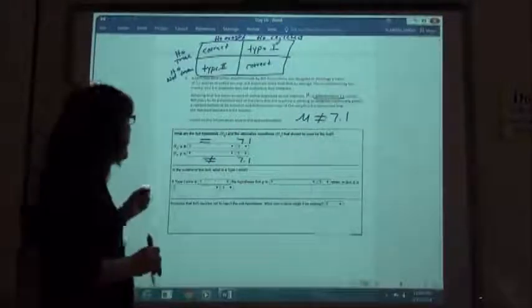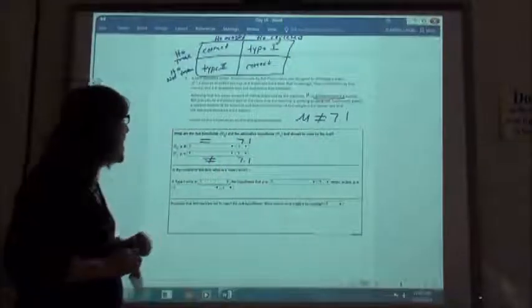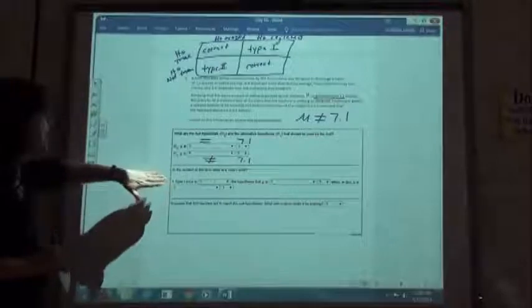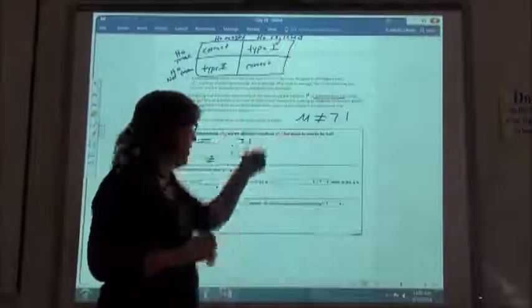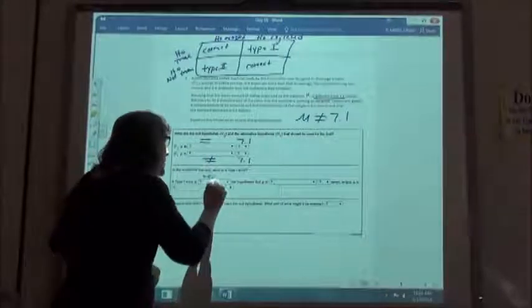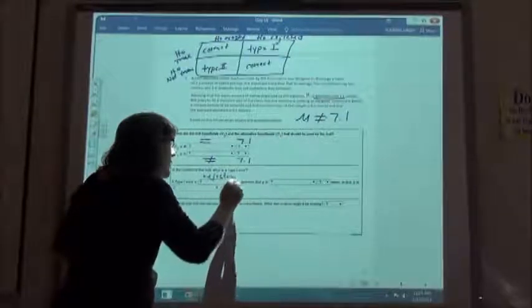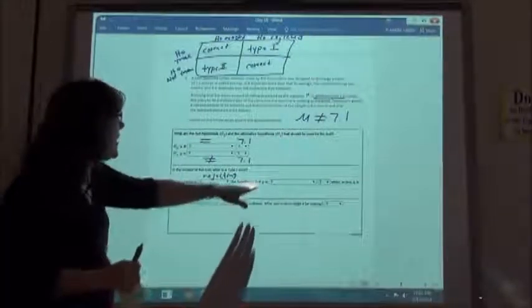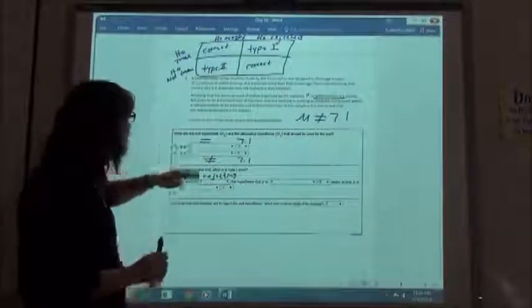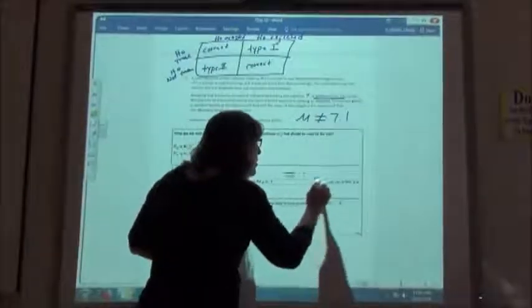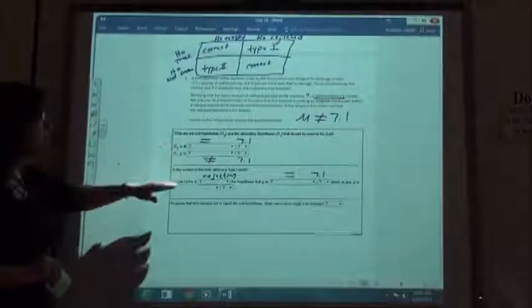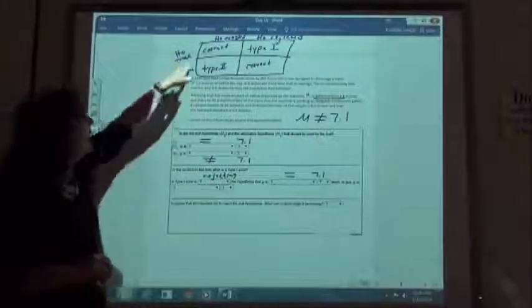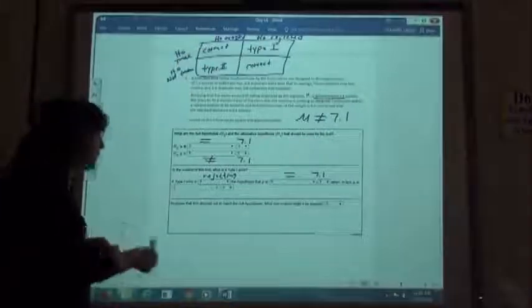In this context of this test, what is a type 1 error? A type 1 error is rejecting the hypothesis that μ is equal to 7.1, when in fact it is equal to 7.1.